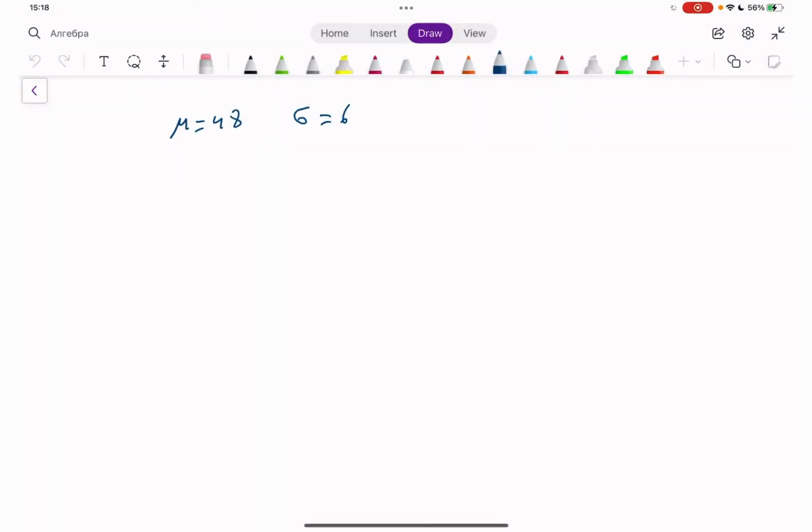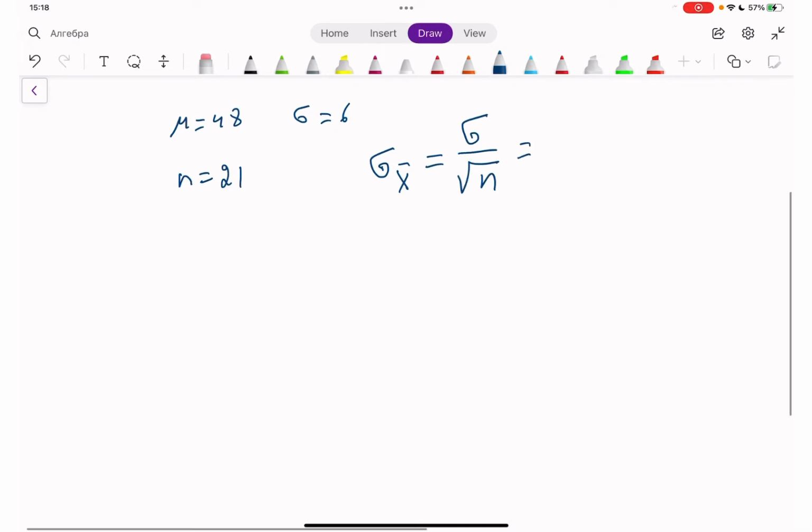So for the sampling distribution, we take sigma and divide by the square root of n, and in this case it's going to be 6 divided by the square root of 21.